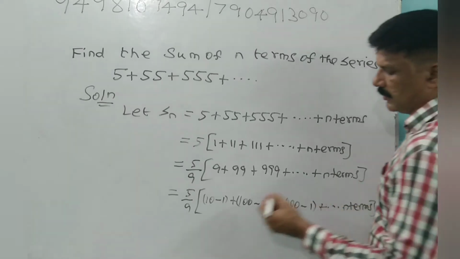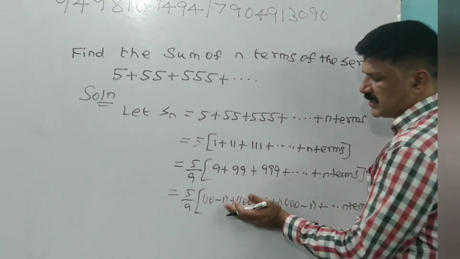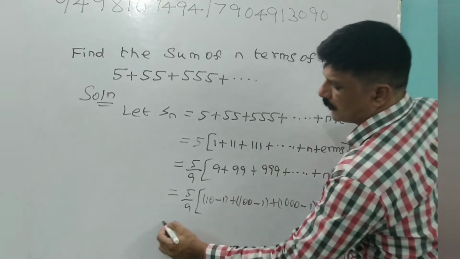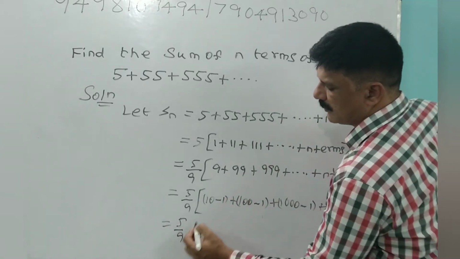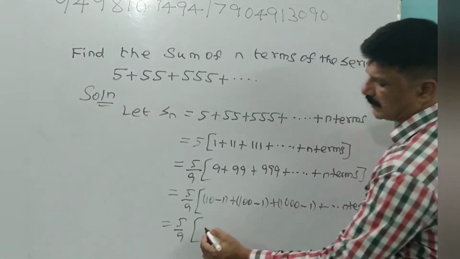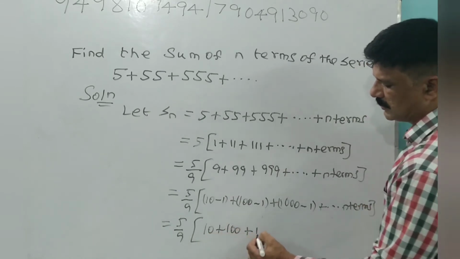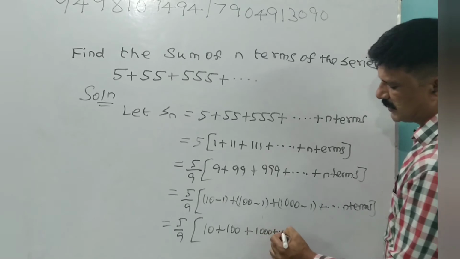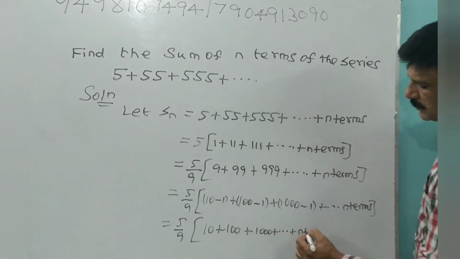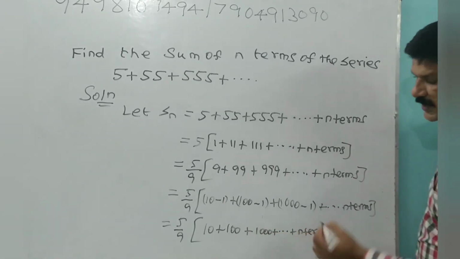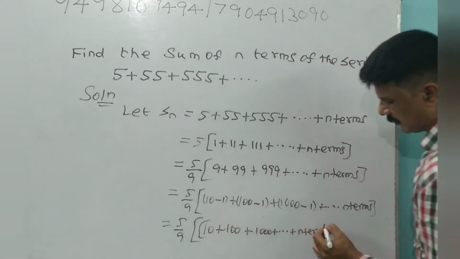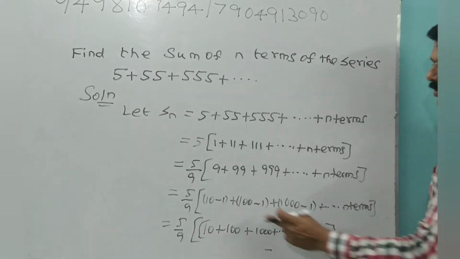Next, we split this series into 2. 5 by 9. The first series 10 plus 100 plus 1000 plus etc. plus n terms. This is the first series. Minus, what are the second terms?